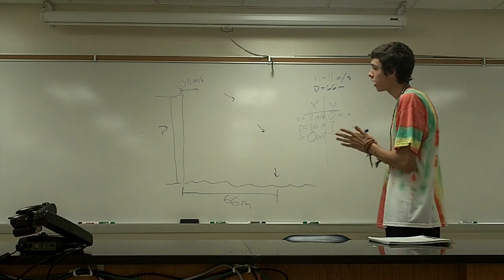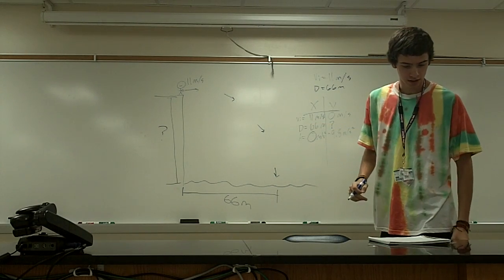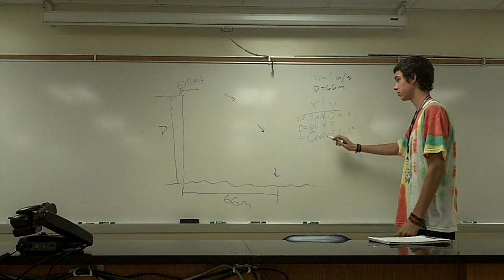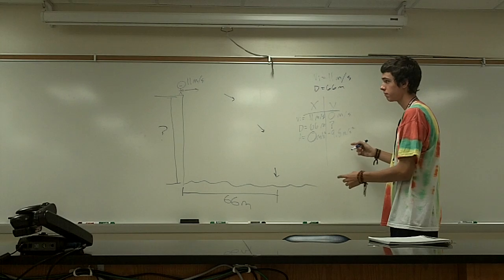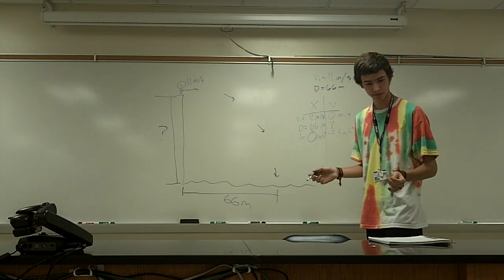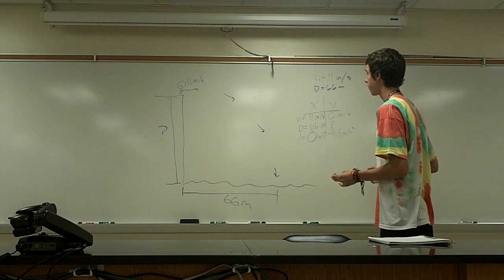If we asked you how high is the cliff, you'd have to solve for distance. But to solve for this distance, you need another variable, and we can use time. And because x and y share time, we can find the time for x and then use that for y to find distance. So we're going to use the bulldozer here.